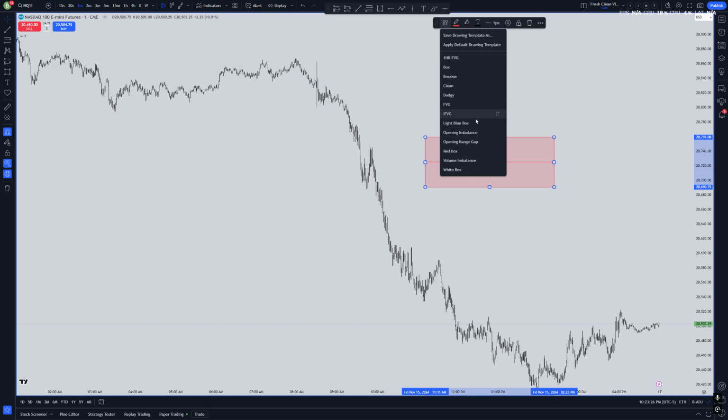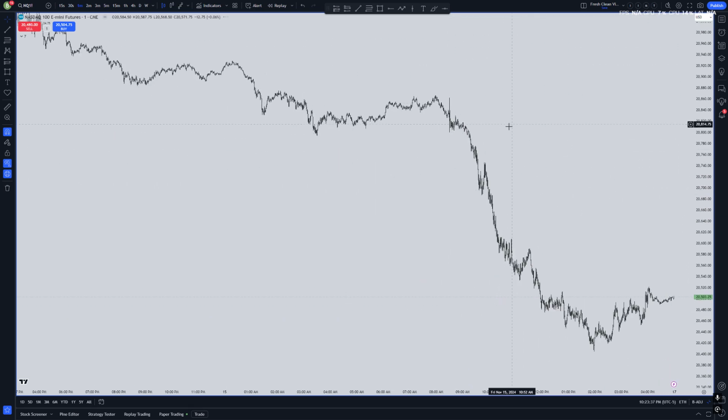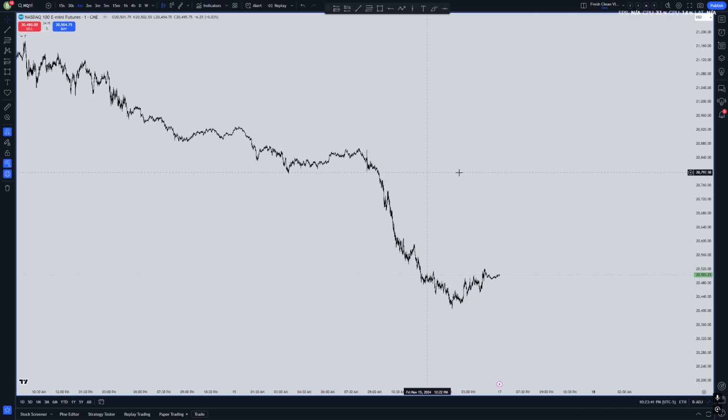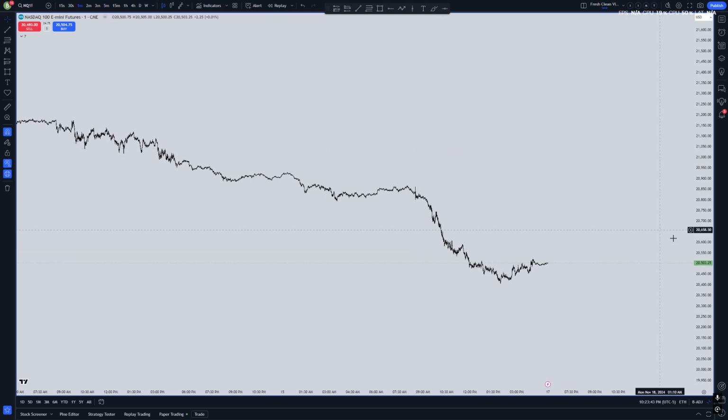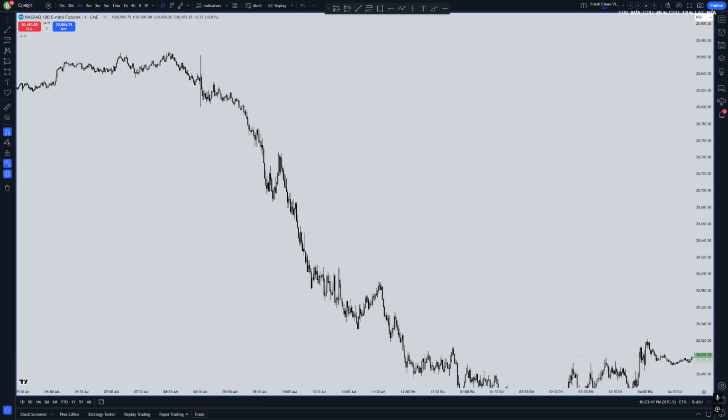Opening and balance, I like to use pink. Even though we're using orange for IFVGs, I don't use IFVGs that often. So I will use orange for when I'm drawing out an IFVG opening and balance for the week. You'll see those will be orange for me a lot of times, just because it's a color that I tend not to use on my charts.